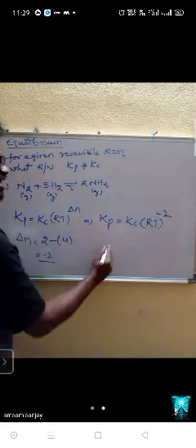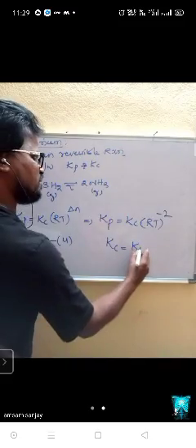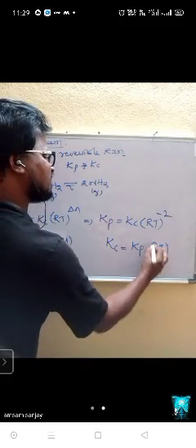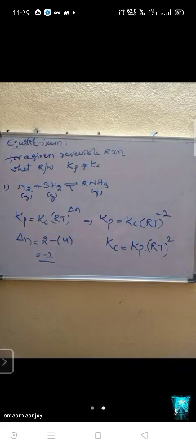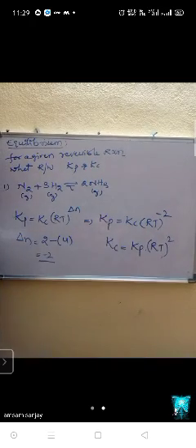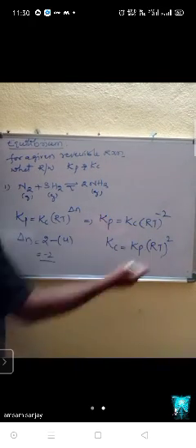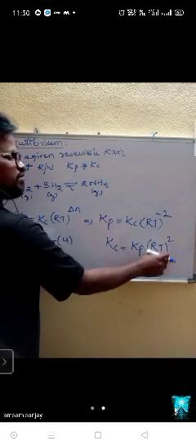It means I can write Kc is equal to Kp (RT) whole power 2, just the reciprocal. Kp is equal to Kc (RT) whole power minus 2. If you send this to the other side, it will become plus 2. That is Kc is equal to Kp (RT) whole power 2.